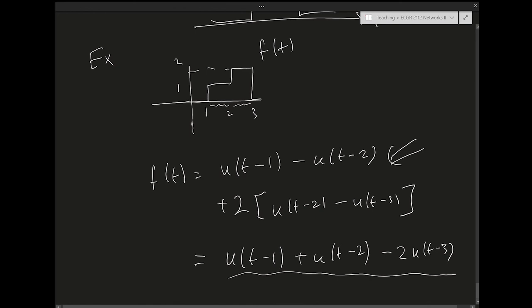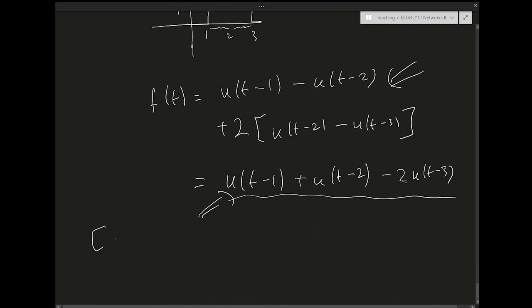So this is equal to u of t minus 1. And then there's another step here that starts at 2, so this is u of t minus 2. And then we go back to 0, so we subtract. We start at u of t minus 3 and then we multiply it by 2 because we're going from 2 to 0. It's okay to mix and match.